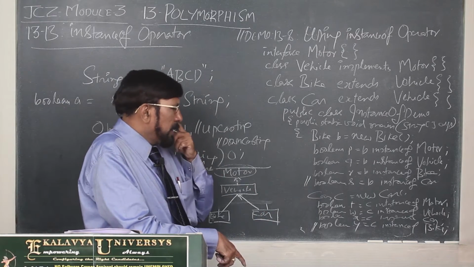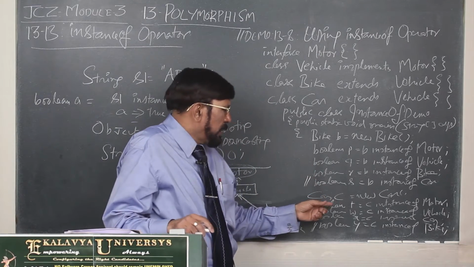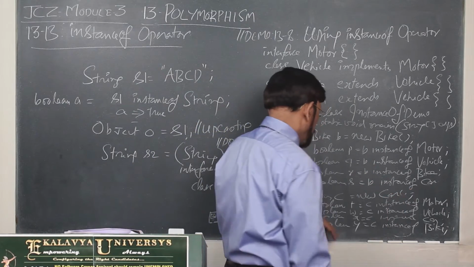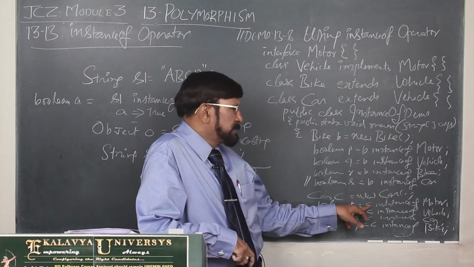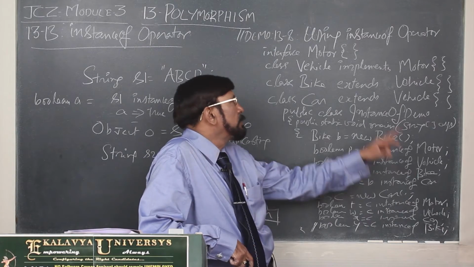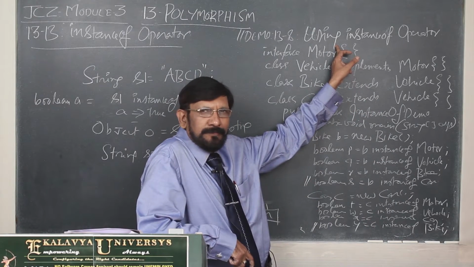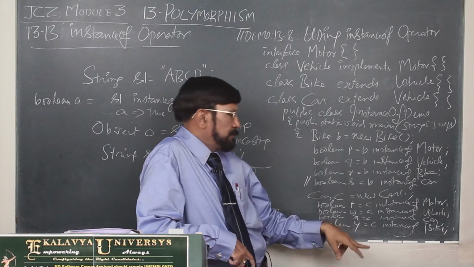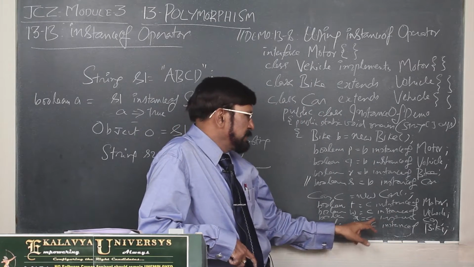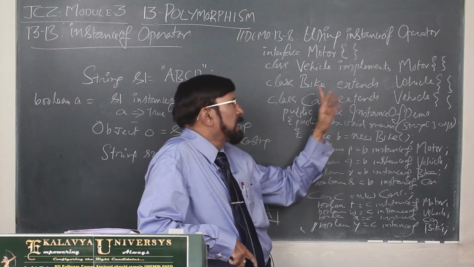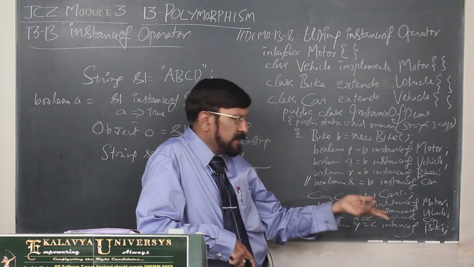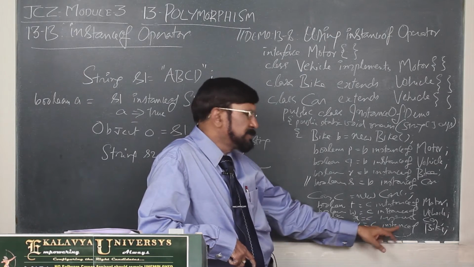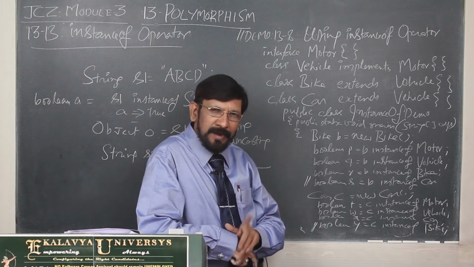Same thing, Car also we try, Car C = new Car. Now we see C instanceof Motor, C instanceof Vehicle, C instanceof Car is Car type, and what is not correct? C instanceof Bike, not correct.